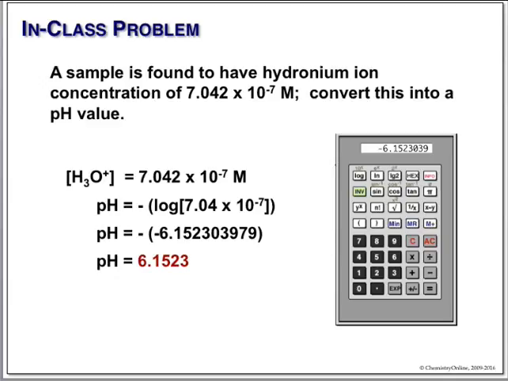I got 7.04 times 10 to the minus 7. Type that in. Hit the log button. So I have that, and if I press the log, it just tells me to enter a log.